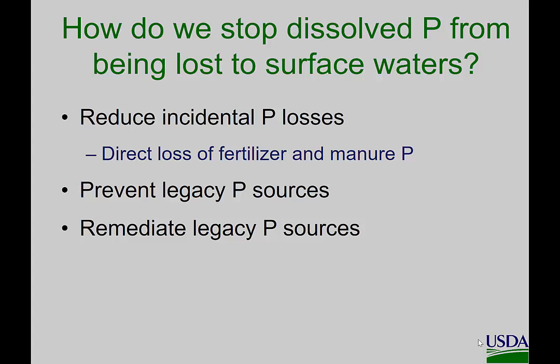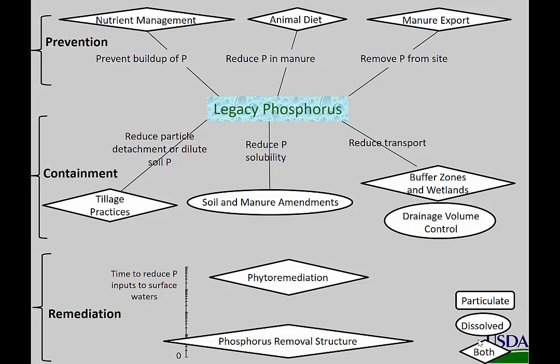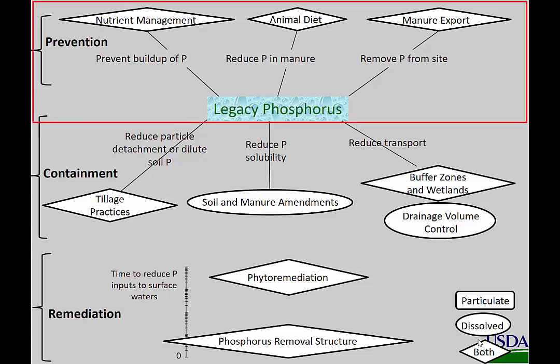And that's the part that I want to focus on today. Again, as far as efficiency goes, we want to prevent soils from becoming legacy sources. So through good nutrient management, managing animal diets, things like phytase enzyme, and manure export programs, there are things we can do relatively easily and efficiently to prevent soils from becoming a legacy source.